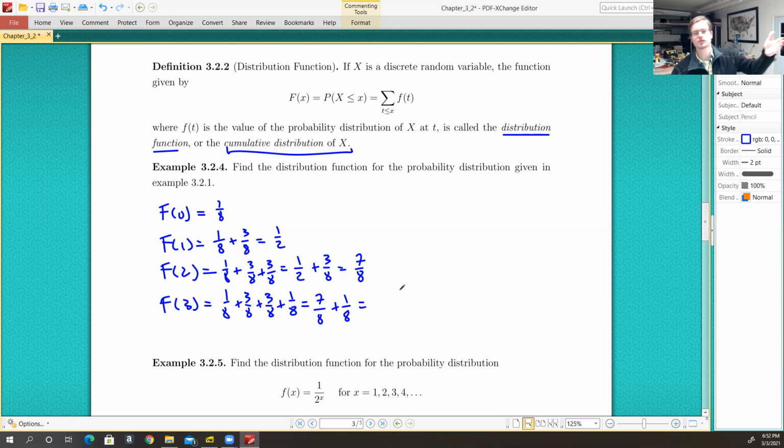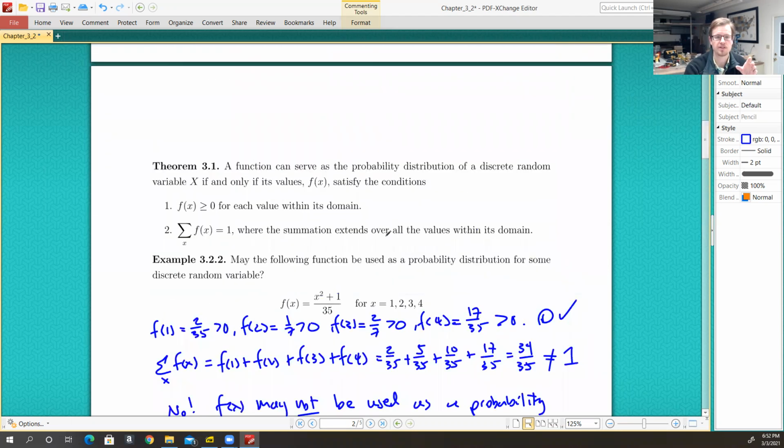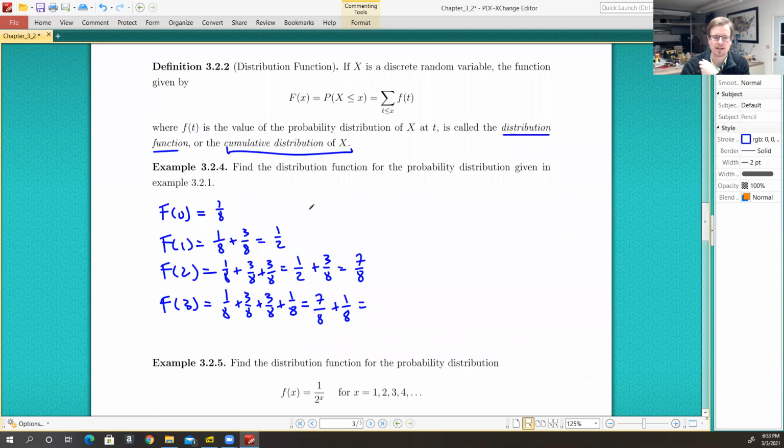And of course, those are all of the possibilities, returning back to the previous theorem. That is the sum of all of the probabilities, and by this theorem, it has to be equal to 1. And that is what we find here. 7/8 plus 1/8 is in fact 1. So that's good.